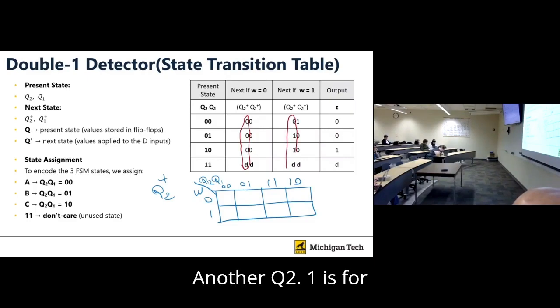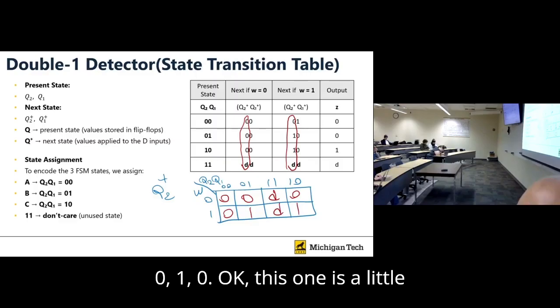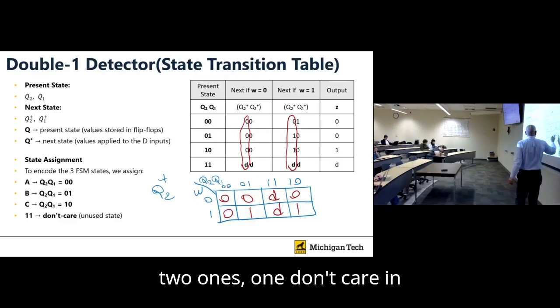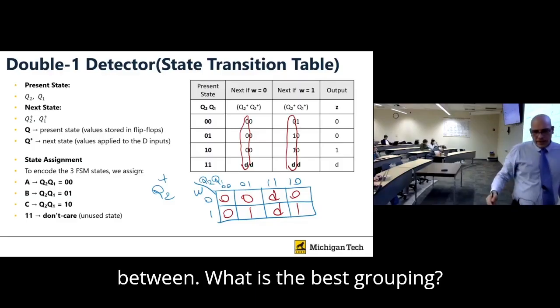Another Q2. One is for jump 0, 0, 0, 0, 1, 1, D. Okay, this one is a little trickier because we have two ones, one don't care in between. What is the best grouping?